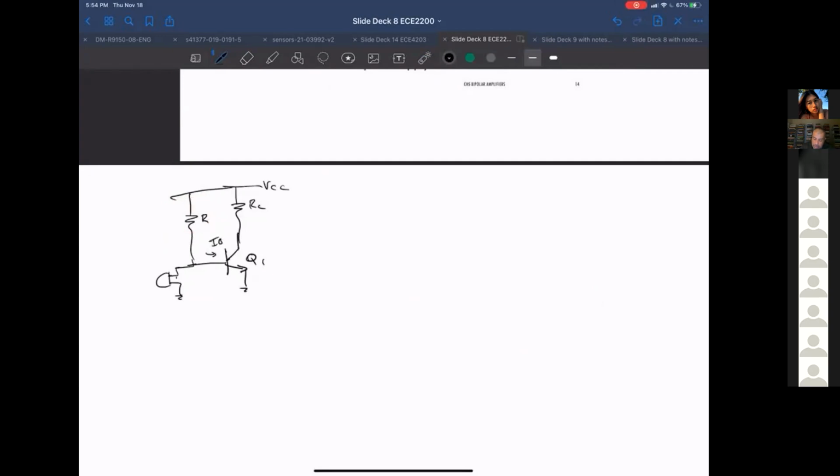If you get the right delta V across this resistor, so let's say this is R sub B, if the delta V across this R sub B is something like, if this was 2 volts, you'd want a 1.2 volt drop from here to here, then you'd get this at 0.8 volt bias.